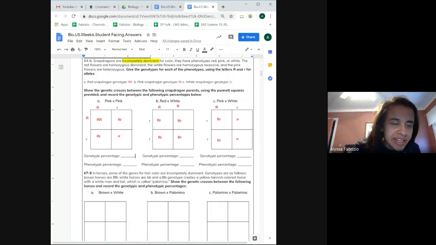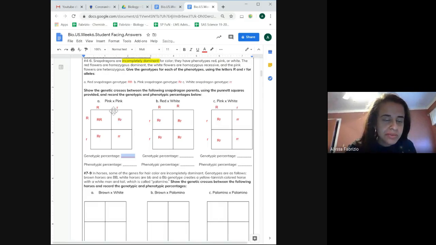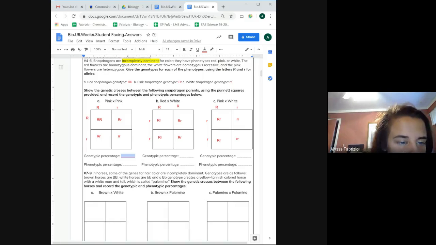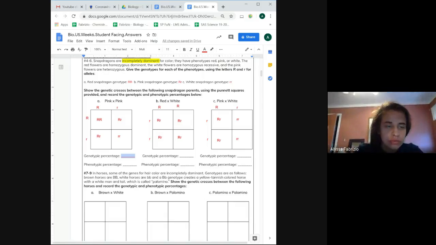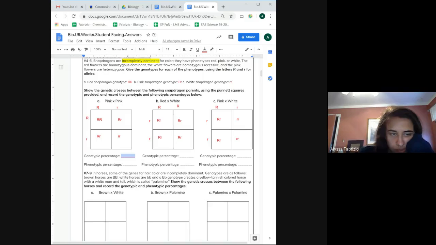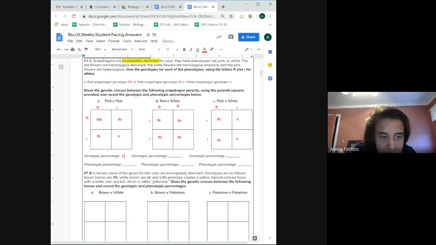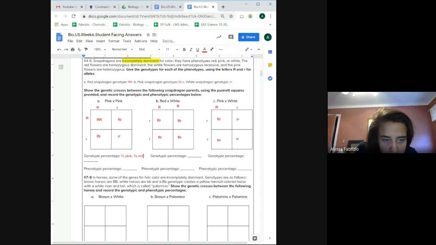So what does this mean? What are our genotypic ratios here for the pink cross? 50%. 50% what? Pink. Okay, so 2 out of 4, 50% are pink. Then how many are red and how many are white? 25% are going to be red and 25% are going to be white. Very good.